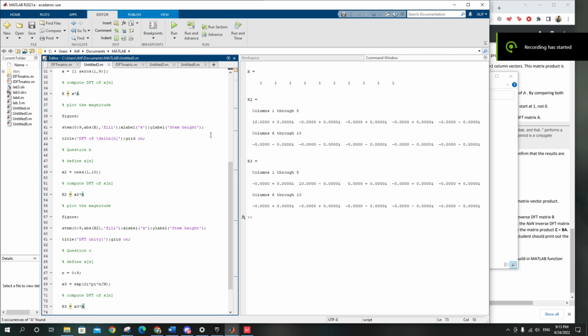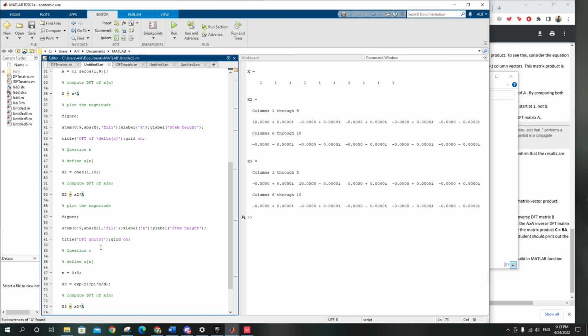So next, for question B, the equation of xn is defined as x2 equal to 1, 1, 0 and so on. Then the DFT of xn is computed by multiplying x2 with matrix A. The output of the DFT of x2 is displayed in the command window after running the simulation. From the output, only columns 1 through 4 have a value of 10 at k equal to 0, whereas the others have a value equal to 0.